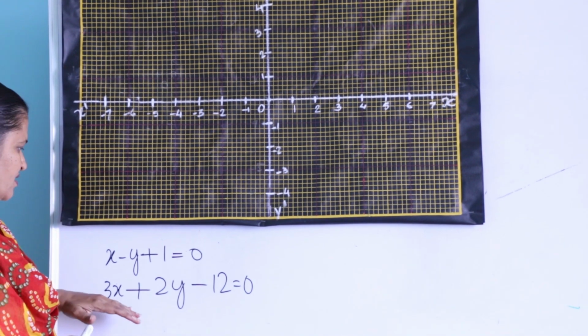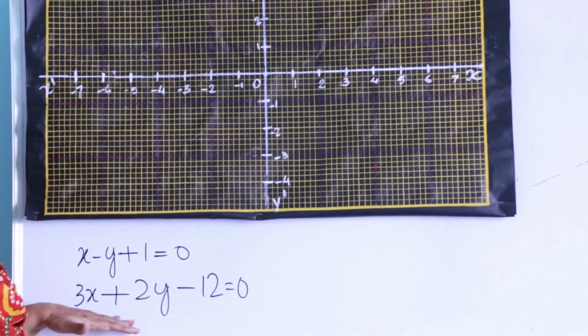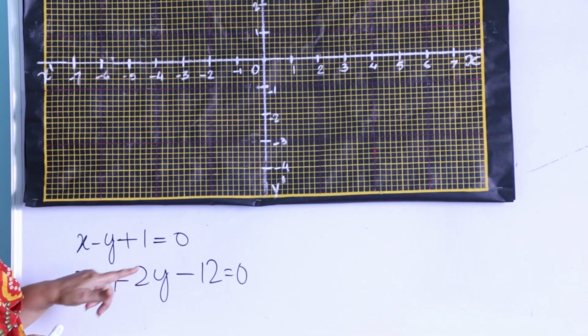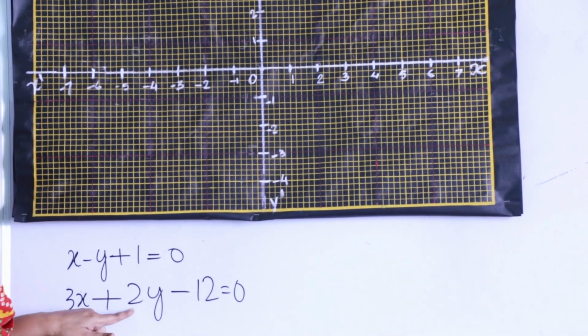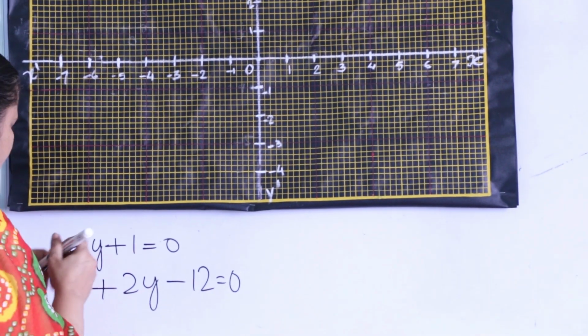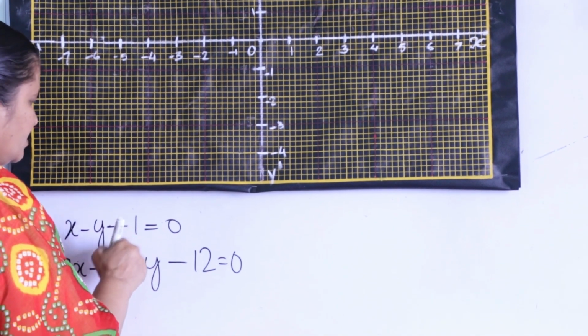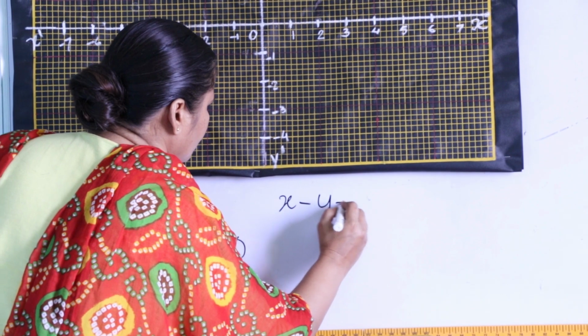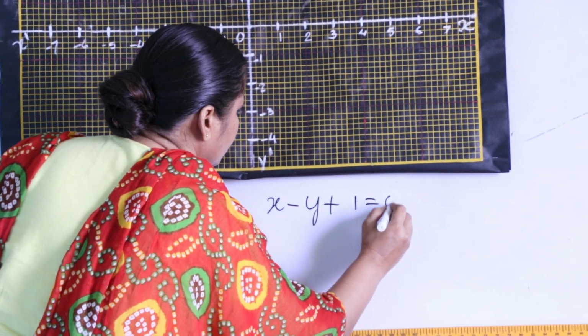So, I have taken your exercise problem. x minus y plus 1 is equal to 0. 3x plus 2y minus 12 is equal to 0. So, let me begin. Now, I will take this equation first. x minus y plus 1 equals 0.